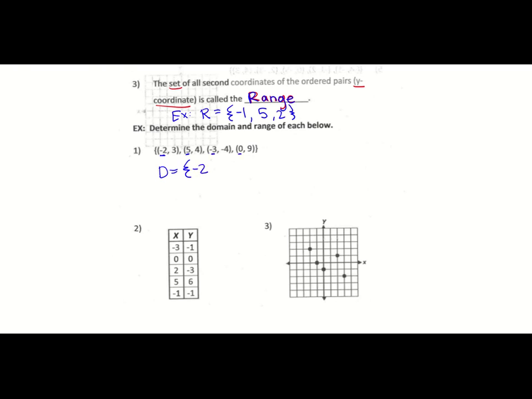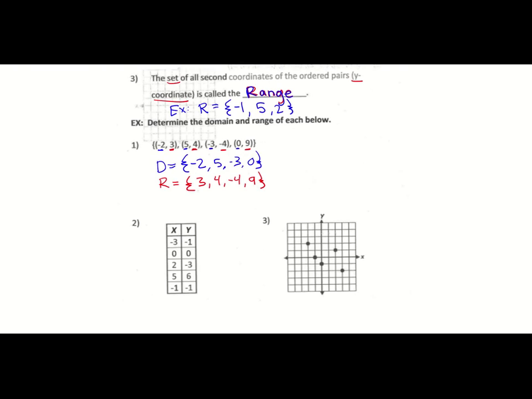I have 2, 5, -3, and 0. That is my domain. My range, I have a 3, a 4, a -4, and a 9. So I'm just going to write all those numbers in my set of numbers for the range. Okay, so that's how we identify the domain and range.